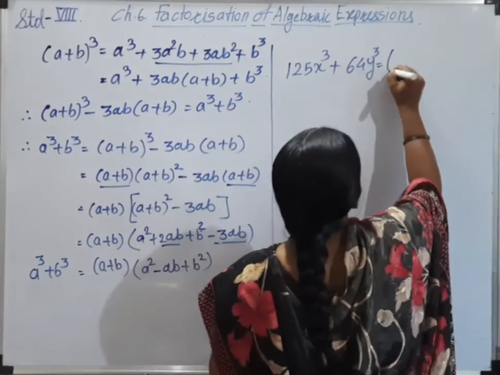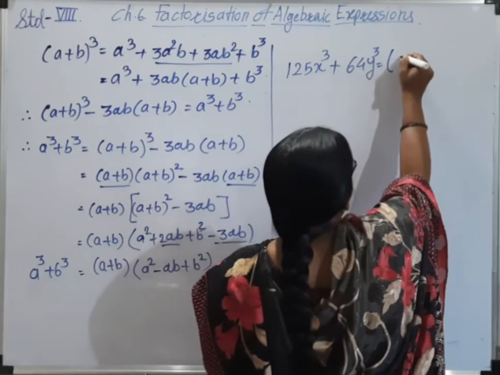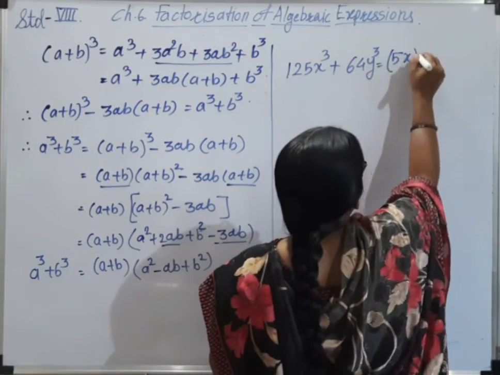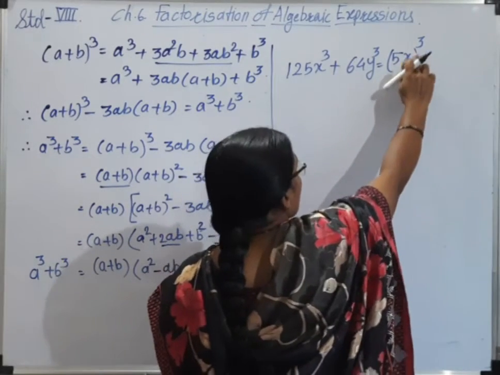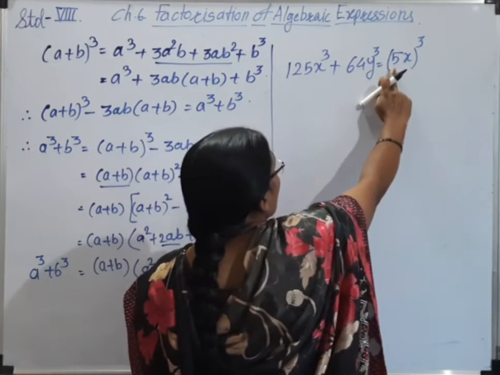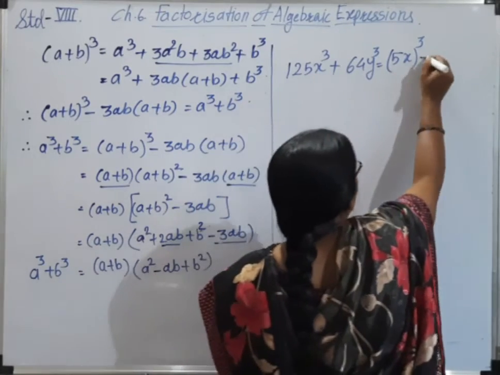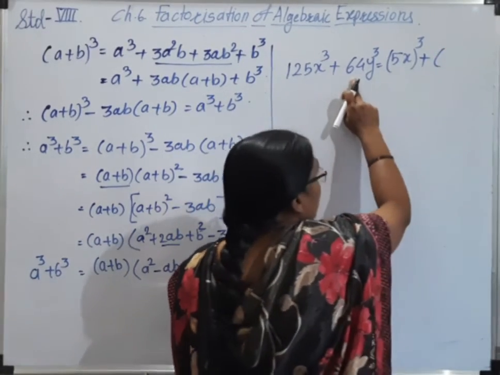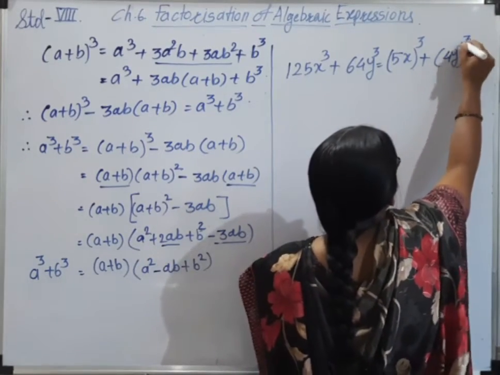Now we can write in this form: 125 is the cube of 5, so (5x) whole cube, where cube of 5 is 125 and cube of x is x cube, plus 64 is the cube of 4, so (4y) whole cube.